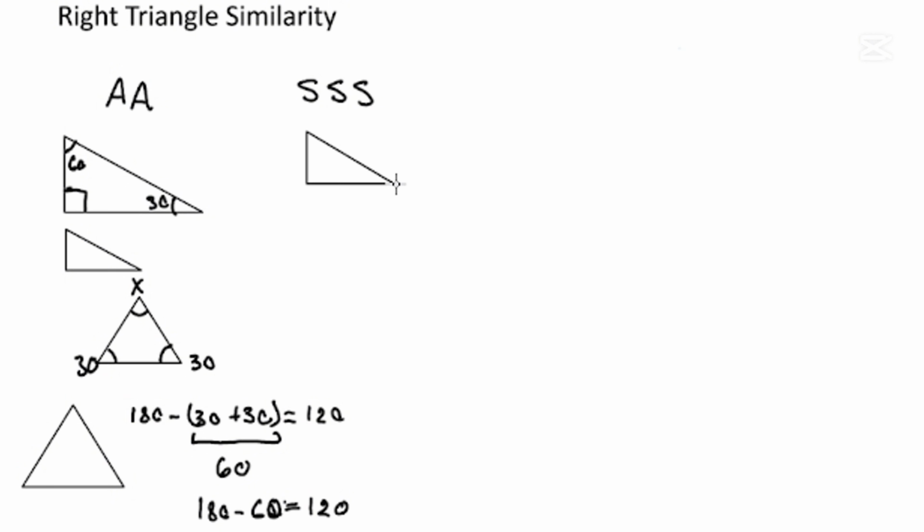Let's take this triangle, and let's say this is 10 centimeters, and this is 8 centimeters, and this is 4 centimeters. In fact, I'm sure I can make that a bit bigger. 4 centimeters, right?